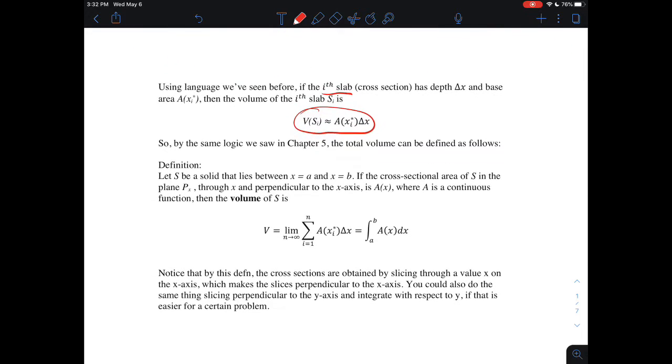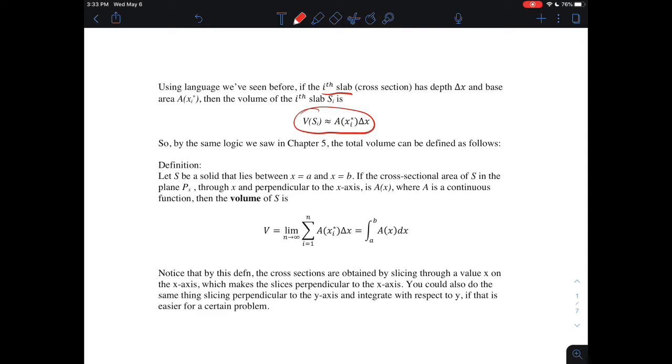So let capital S be a solid that lies between x equal a and x equal b. If the cross-sectional area of S in the plane P sub x, which is through x and perpendicular to the x-axis, is capital A of x, where A is a continuous function, then the volume of that solid S is V for volume, equal to the limit as n goes to infinity of the sum from i equal 1 to n of capital A of x sub i star, so the area of that ith slab, times delta x, the thickness of the slab.